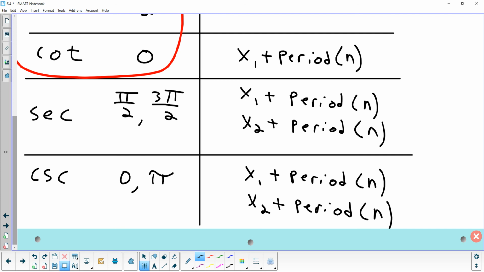And because secant and cosecant have 2 asymptotes per cycle, you have to describe both of them. Technically, there's a way to describe them all in one. It's a little more complicated. So even if it's not the most efficient way to do it, we'll describe them separately.